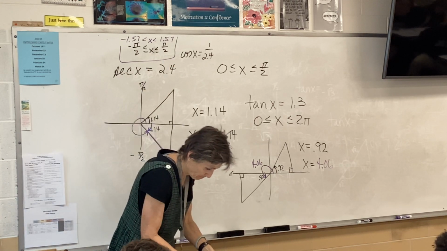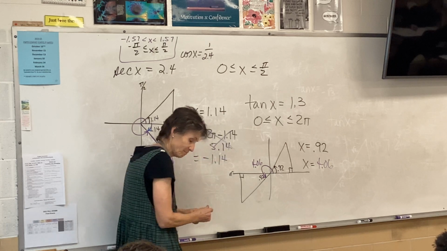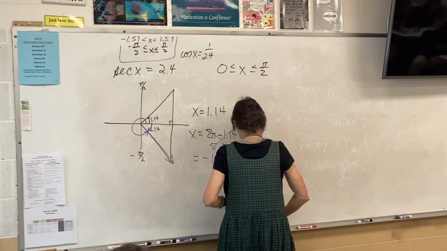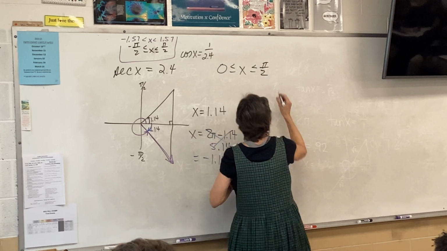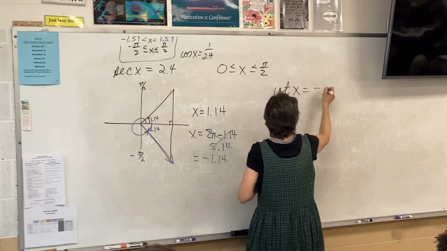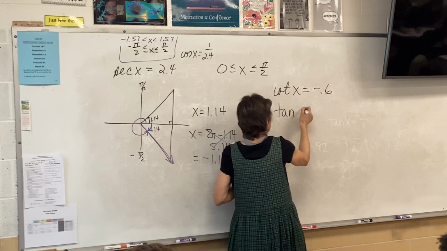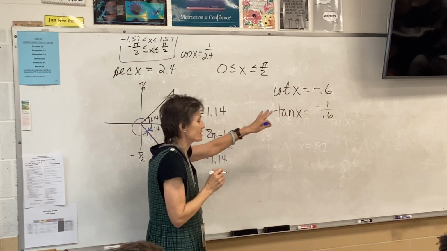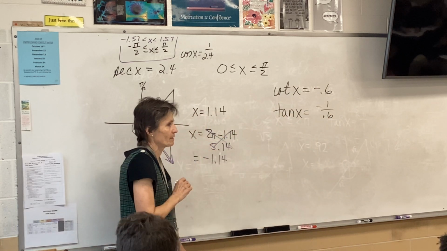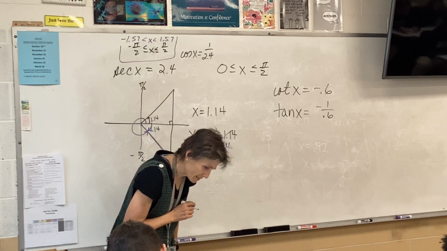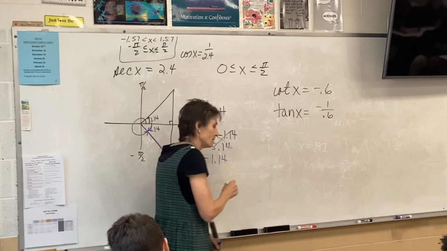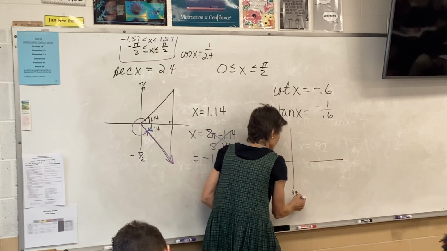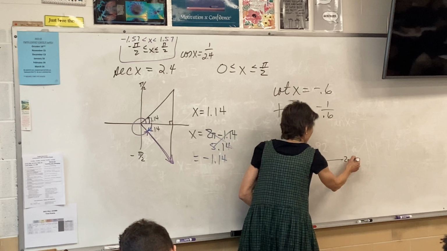All right, next. Cotangent is negative 0.6, which means tangent is negative 1 over 0.6. I know I can simplify that, but why? I'm going to type it in, right? And where do I have to be this time? Okay, this is 3 pi over 2. This is 2 pi.